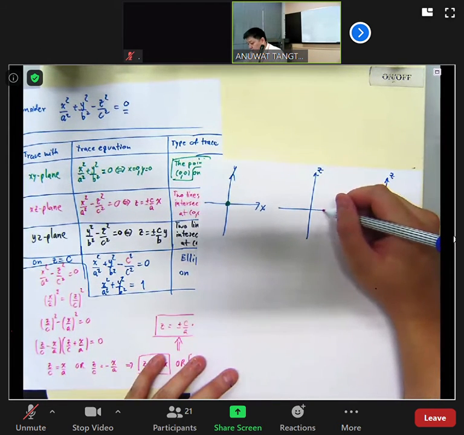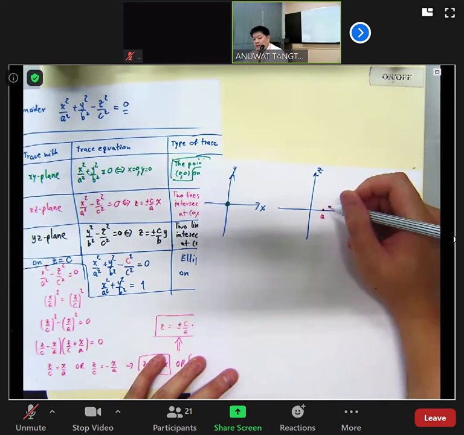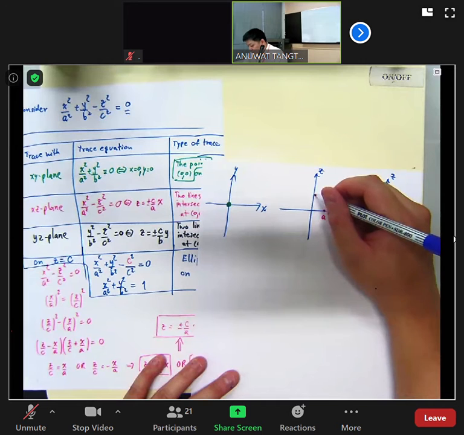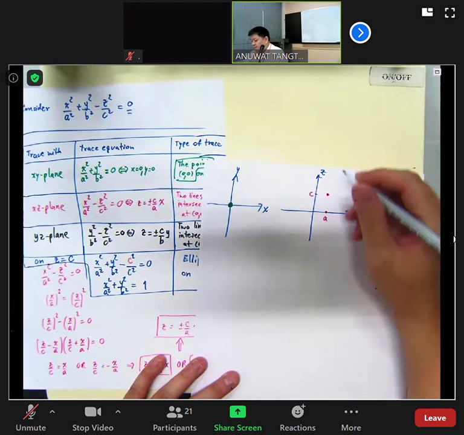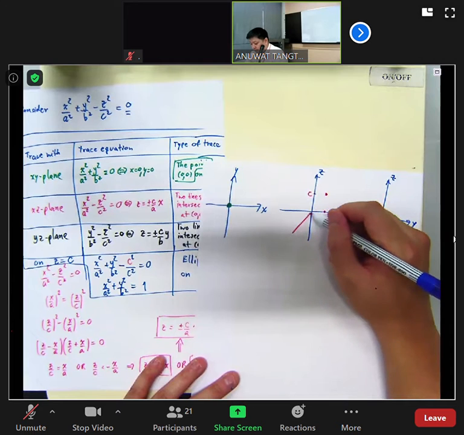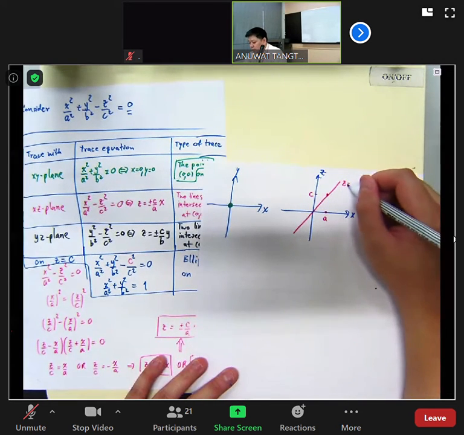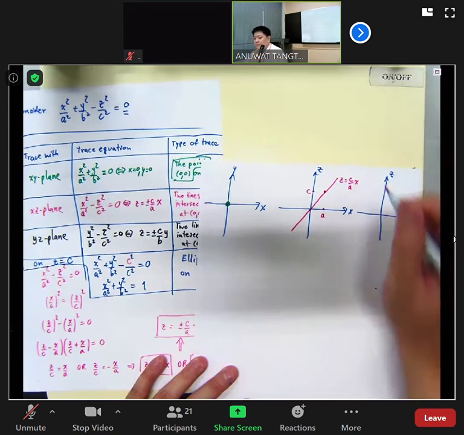When x equal to a, z equal to c and minus c. So the first straight line passes through the point a, c. This is z equal to c over a x.